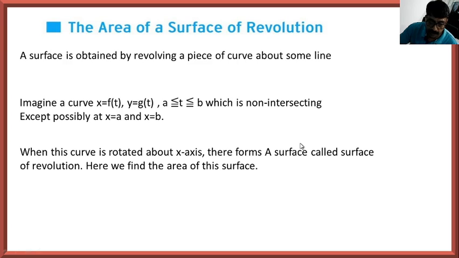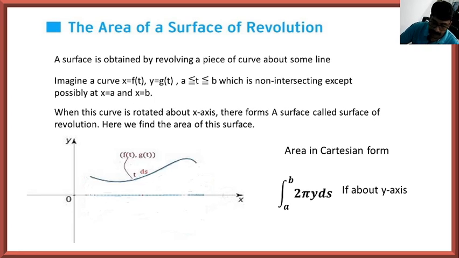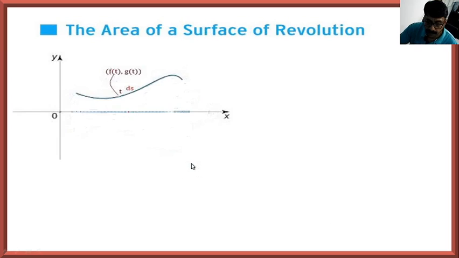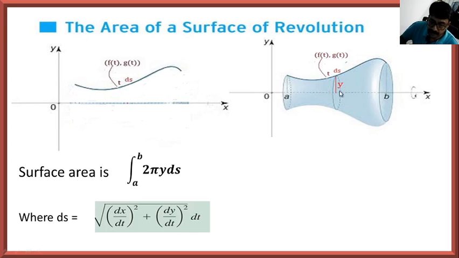Now, in the parametric form, suppose we have a curve like this, x is equal to f(t), y is equal to g(t). When it is rotated, that forms a surface like this. Suppose it is rotated about the x-axis, we get a surface like this. The surface area is given by integral a to b 2 pi y ds, since it is rotated about the x-axis, where ds is equal to square root of (dx by dt) whole square plus (dy by dt) whole square dt.